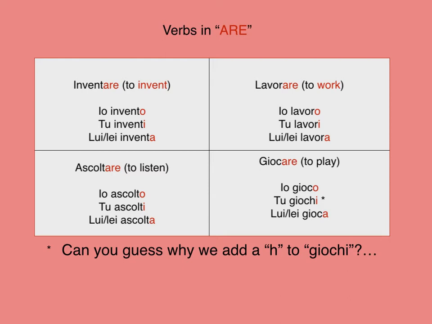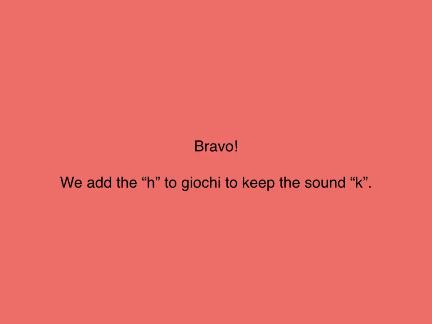Ascoltare, io ascolto, tu ascolti, lui, lei ascolta. Giocare, io gioco, tu giochi, lui, lei gioca. Can you guess why we add an h to giochi? Bravo, we add the h to giochi to keep the sound k.